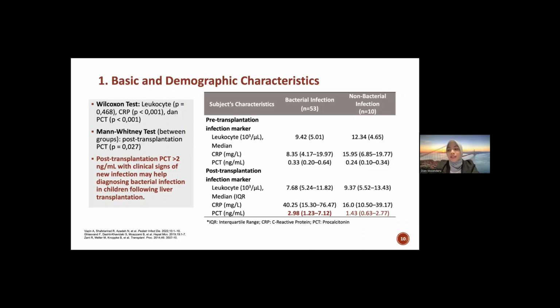A prospective study in the UK found an increase in post-LT PCT with a median value of 1.93 ng per milliliter in 24 children with new fever episodes in the bacterial and fungal infection group. Post-transplantation PCT greater than 2 ng per milliliter with clinical signs of new infection may help diagnose bacterial infection in children following LT.